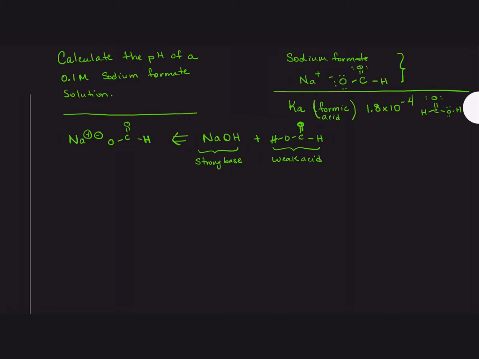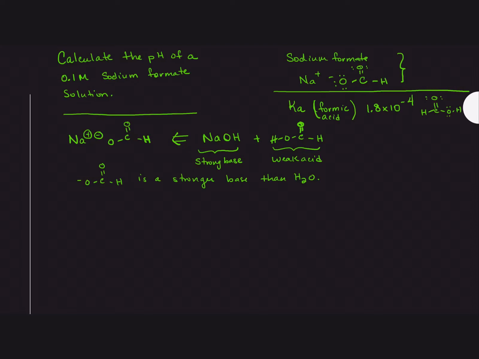Because formic acid is a weak acid, we can deduce that formate, which is produced during the dissociation of formic acid, is a stronger base than water. Recall all weak acids have this property, in which the conjugate base produced is a stronger base than water. Therefore, it's not as thermodynamically favored to produce formate.